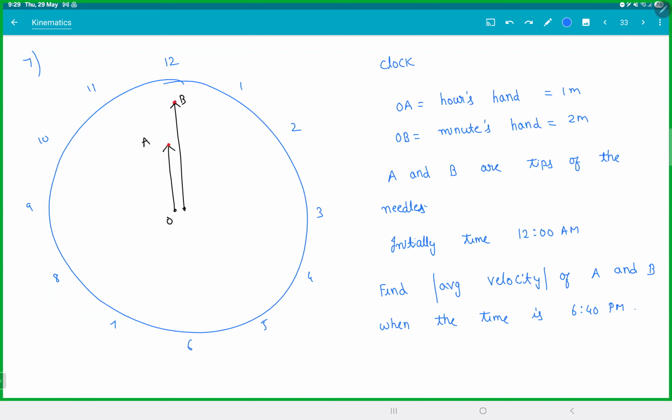In 1 hour, how much will the minute hand travel? One full revolution. In 60 minutes, 1 hour, this will travel one full revolution. In 18 hours 40 minutes, it will rotate 18 and 2/3 of a revolution. Isn't it?